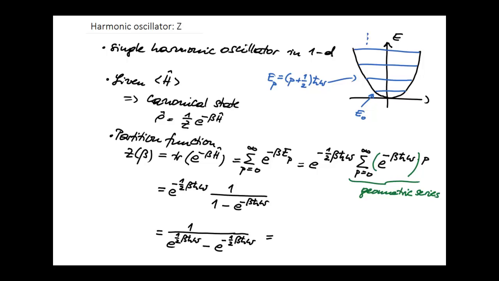And this finally you can also write as 1 over 2 times the hyperbolic sine of 1/2 beta h bar omega. So this is the partition function of a single harmonic oscillator.